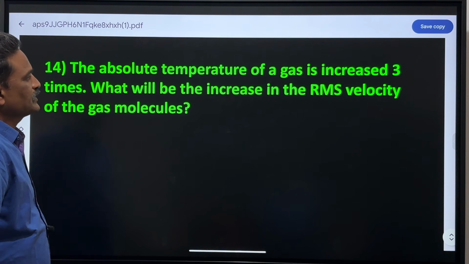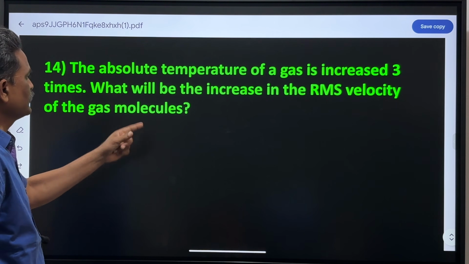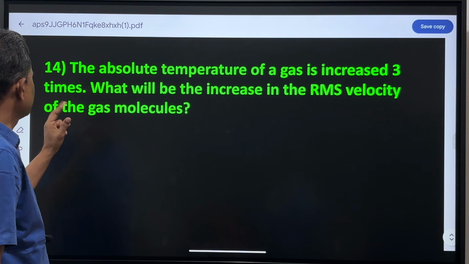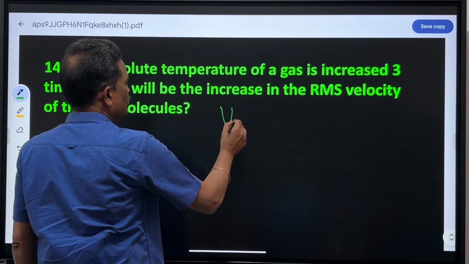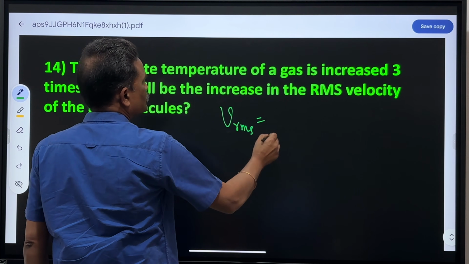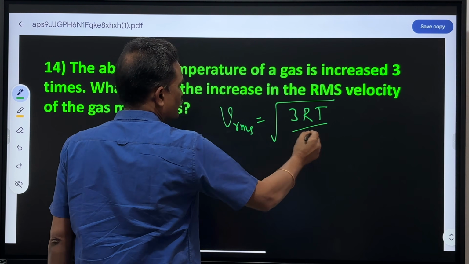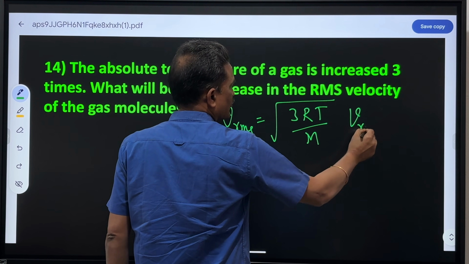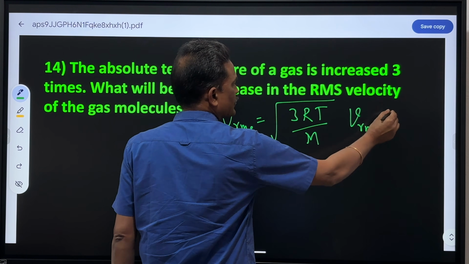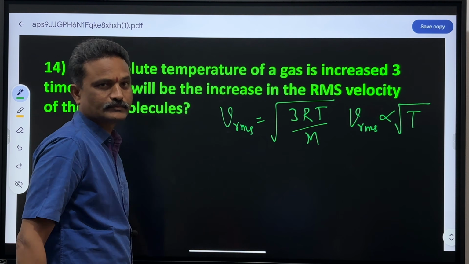The absolute temperature of a gas is increased by 3 times. What will be the increase in the RMS velocity of the gas molecules? Now the RMS velocity formula is under root 3RT by M. So from this it is clear that the velocity is directly proportional to the square root of the absolute temperature.